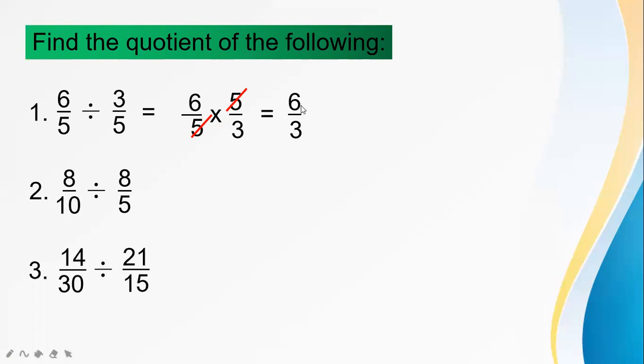So 6 divided by 3, and the answer is 2. Or it can be 2 times 3, because the factors of 6 are 2 and 3. So multiply 2 times 3, we have 6. And then 3. So cancel out. So therefore, same, we have positive 2.